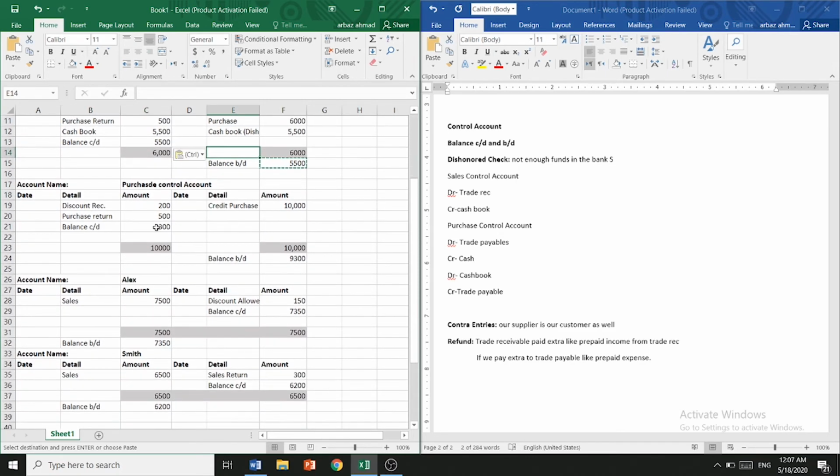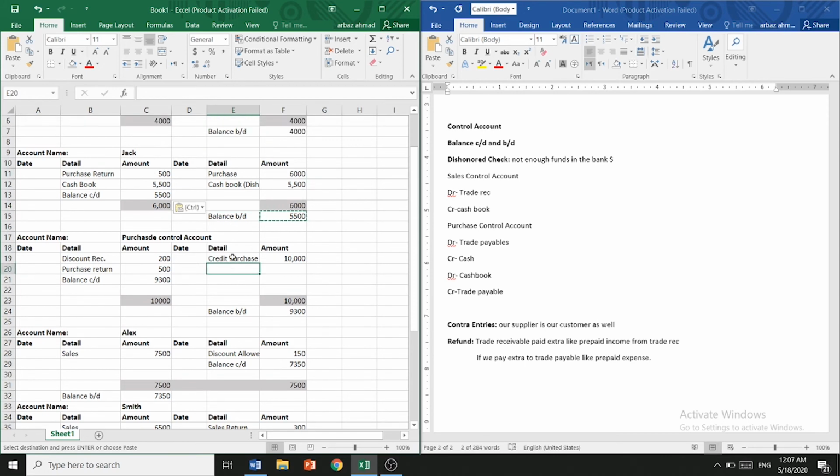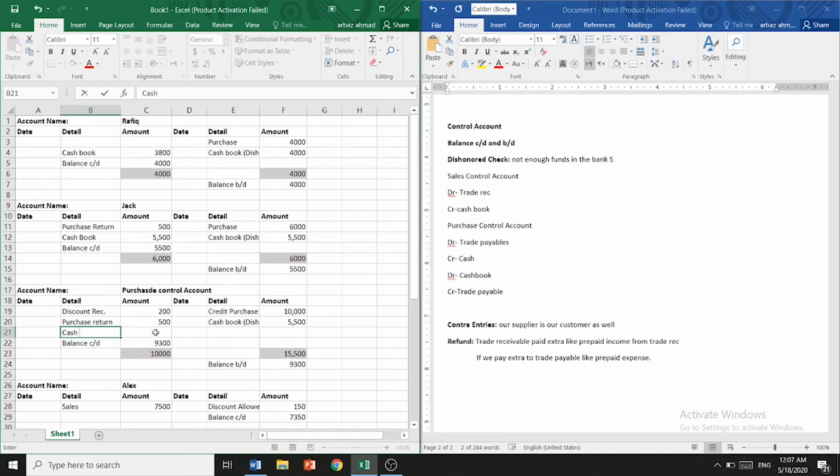Okay, we will do the same thing. I will have a cash book here. So depending on how much I have paid, okay, so in this case, let's say I was having the same amount here. I paid all the amount, okay, and the total amount is supposed to be 9,300 and cash book is also 9,300.